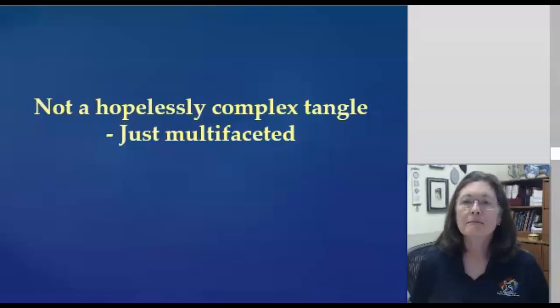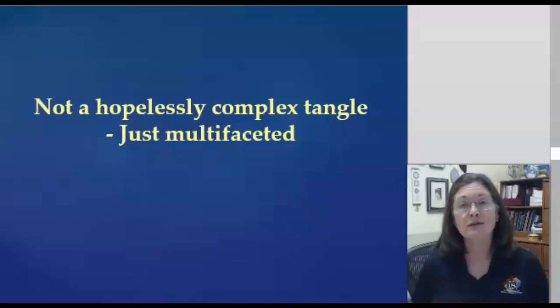So, bottom line is that it's not hopeless. It may be complex and multifaceted, but if you look on the website for the Chromosome 18 Clinical Research Center, you can look up each of those genes and learn what we know about having a deletion of those genes, and you can create a personalized management guide.